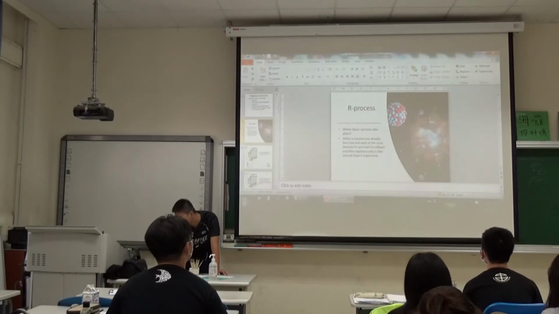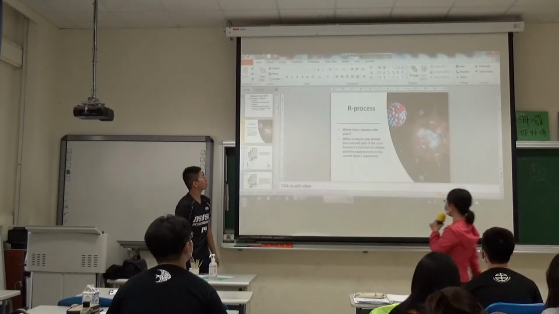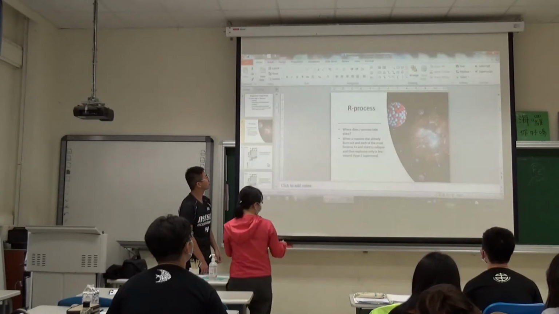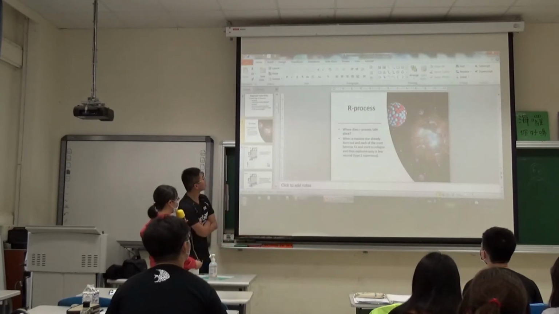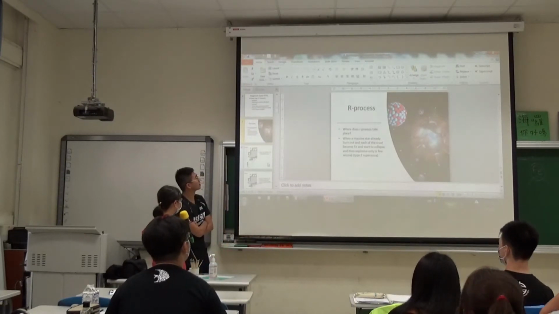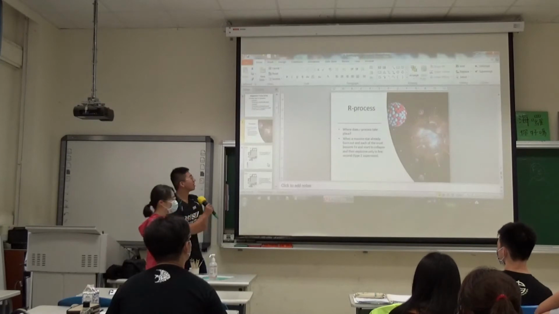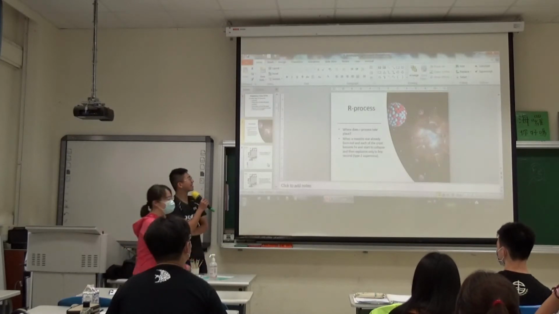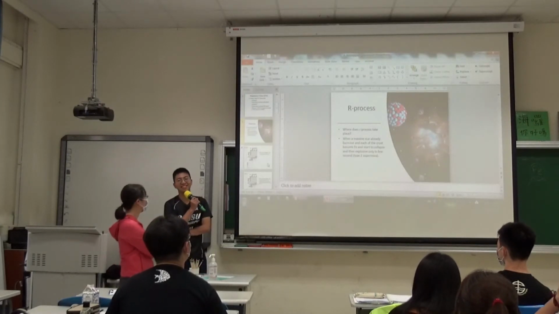Does it have a definition? Rapid neutron, I don't see it, but I know it's somewhere in the slides. And massive star, I guess massive star is easier. A massive star is what we learned about last week.